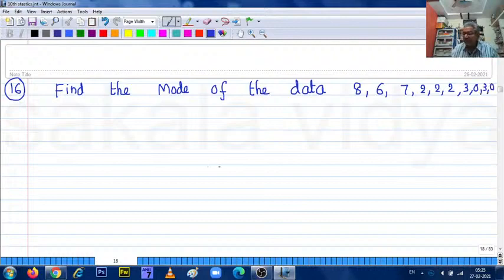So we need to find the mode of the data. What is meant by the mode? The observation which occurs most frequently in the given data is called the mode of the data.